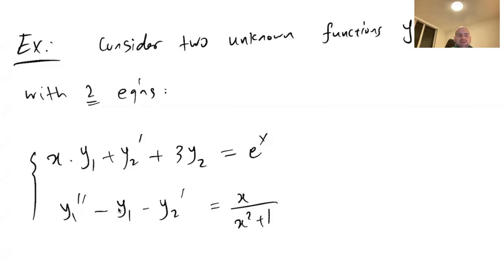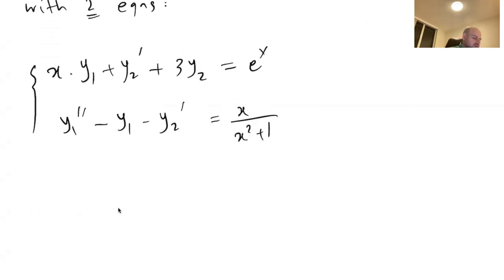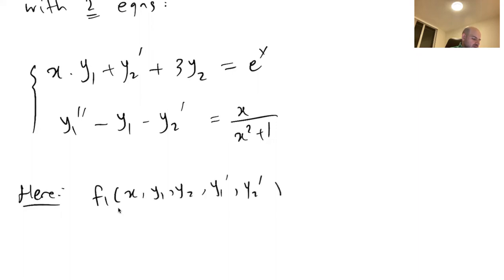Normally in the question, it's not asked from you to find the Fi's, but I can also mention it if you're just wondering what the Fi's are here. So here F1 of x and y1, y2, y1 prime, y2 prime is x y1 minus y1 plus y2 prime plus 3 y2 minus e to the x.